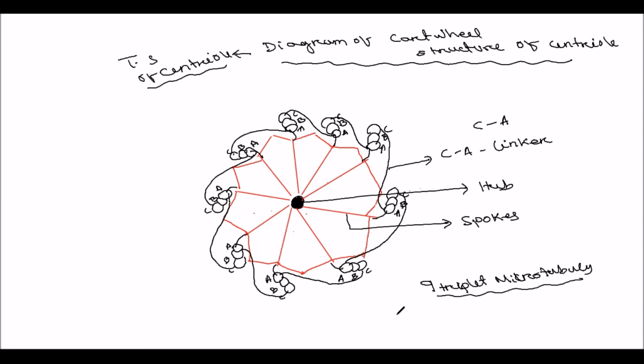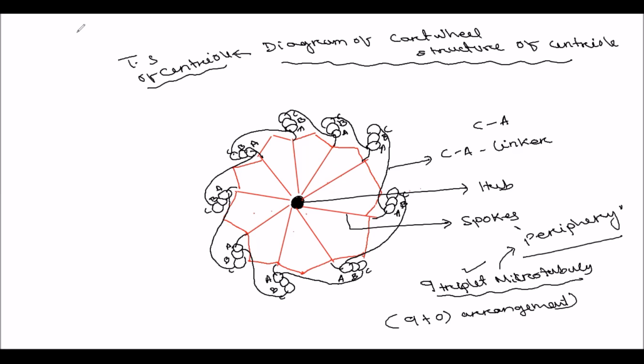and this type of arrangement in the centriole is called the 9+0 arrangement, because the triplet microtubules are only present at the periphery, just on the outer side.